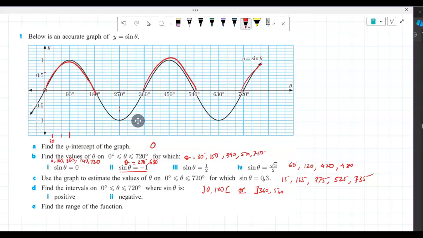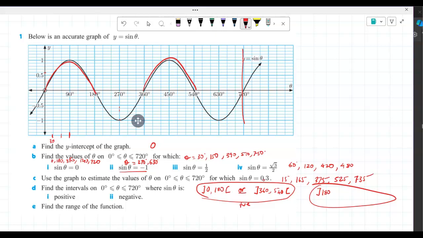No, 540 to 720 is negative. That we don't have to take. Negative is from 180 to 360.